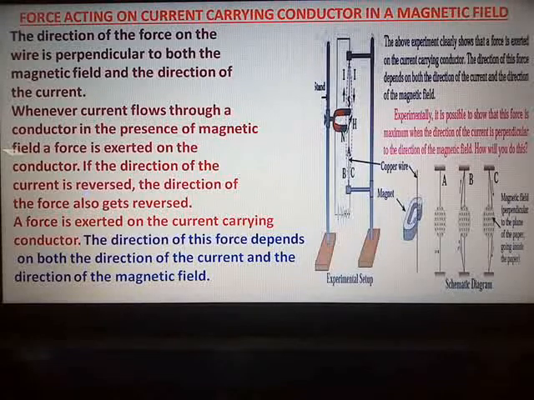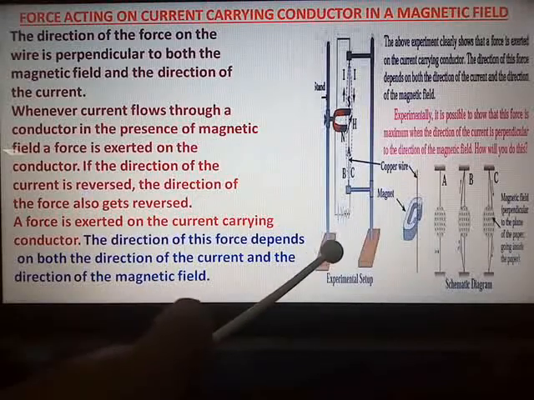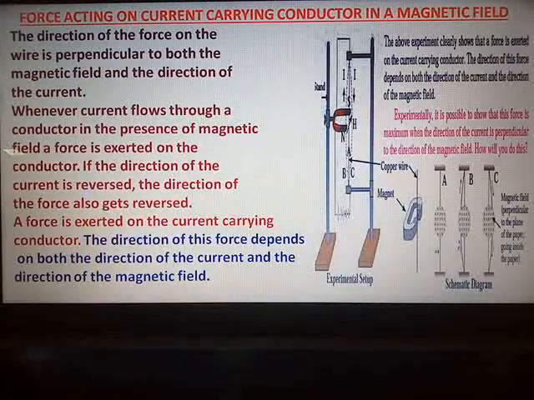Now if the current direction is reversed, that is, it is allowed to flow from bottom to top, then the wire bends but comes to the other position, that is position B.